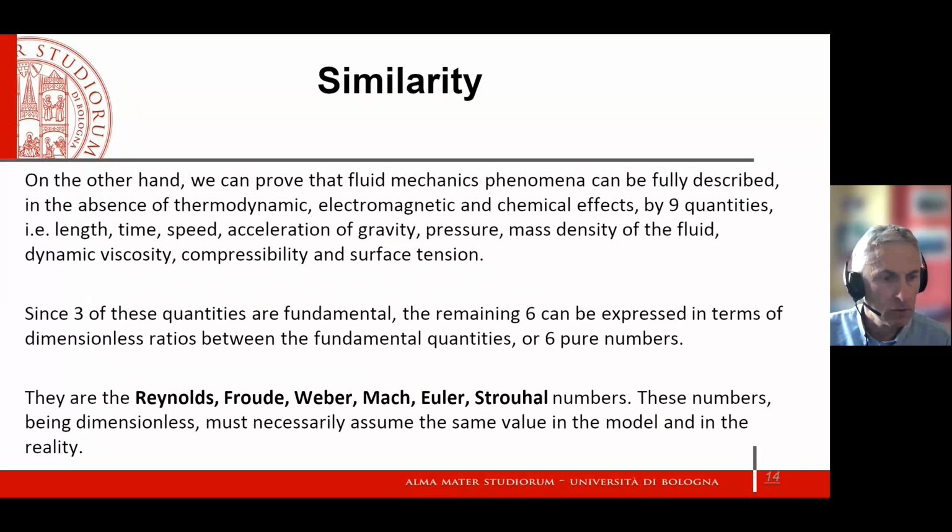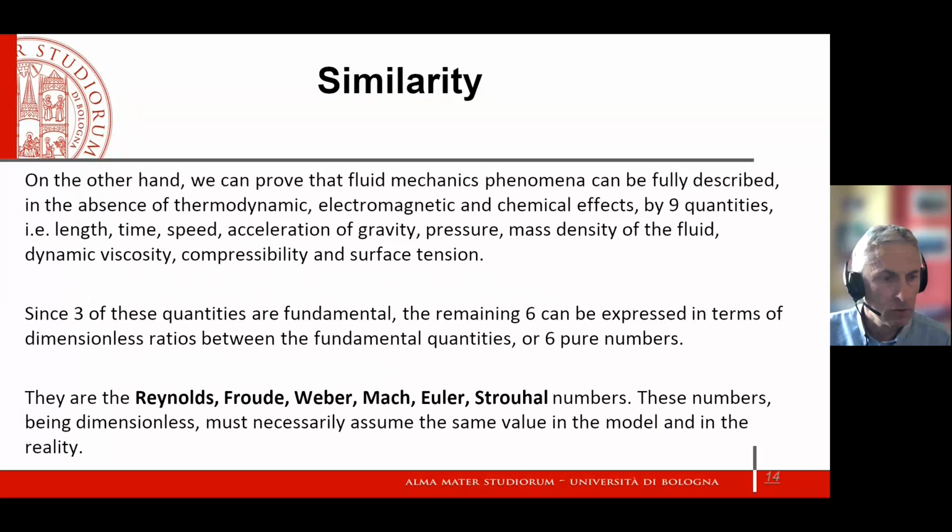These are 9. With these 9 quantities, I can describe every process in fluid mechanics, but we also know that 3 of them are fundamental, which means that once I select the 3 fundamental ones, the units of all the remaining 6 can be expressed as a product of powers of the units of the fundamental quantities. Therefore, what does this mean?